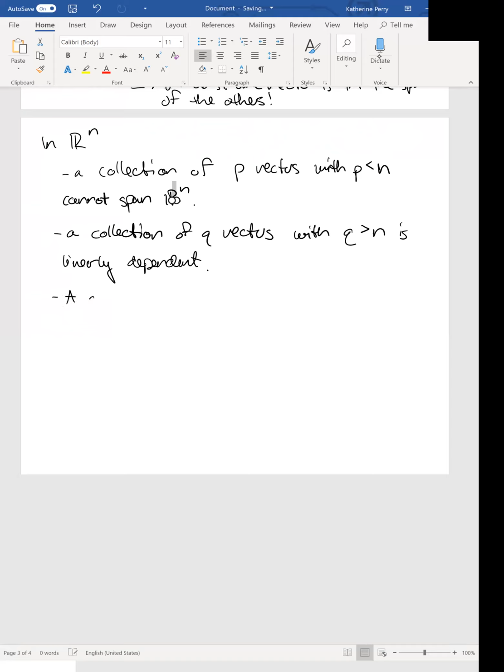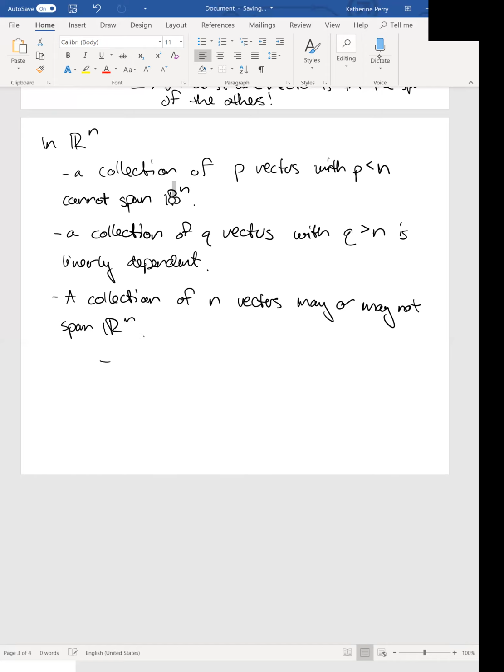So we'll say that a collection of n vectors may or may not span Rn.